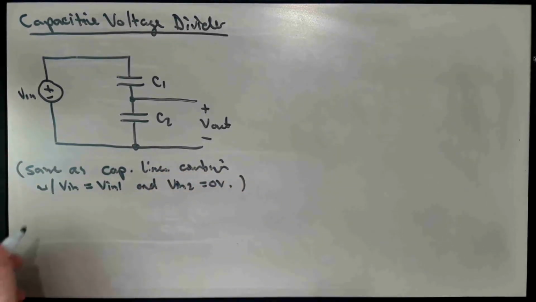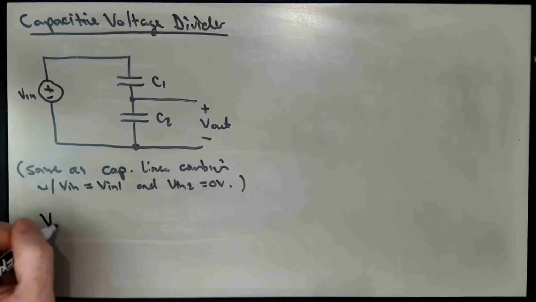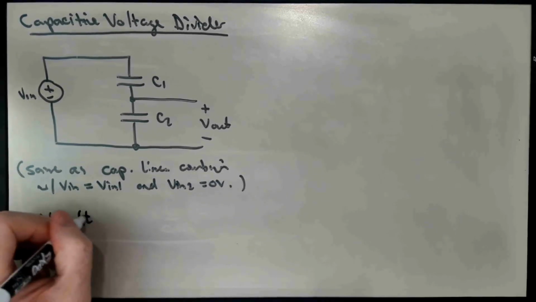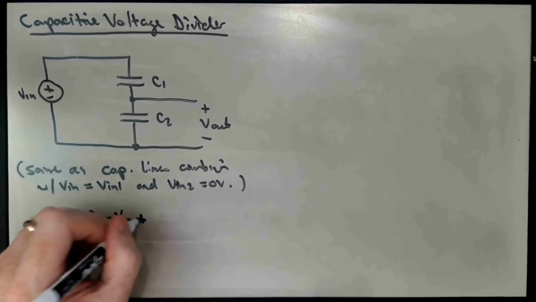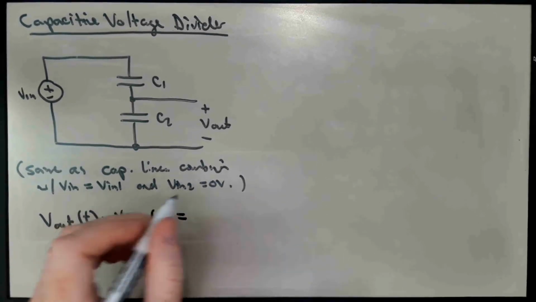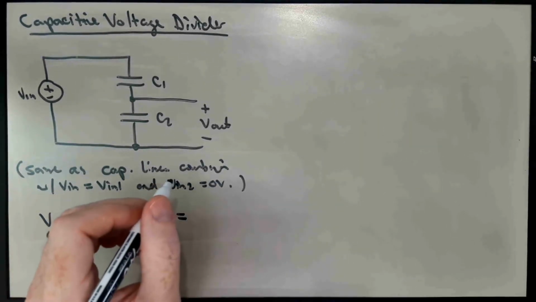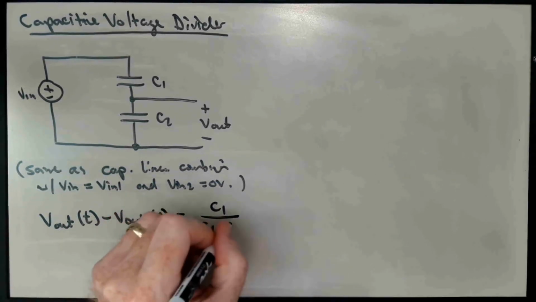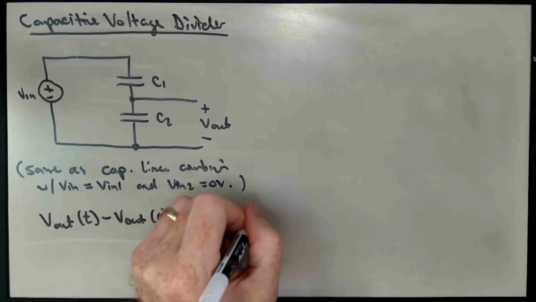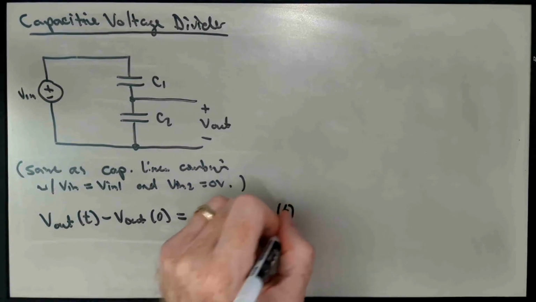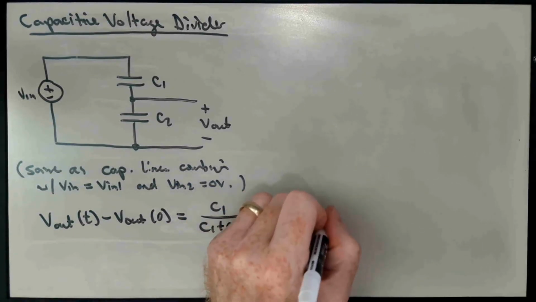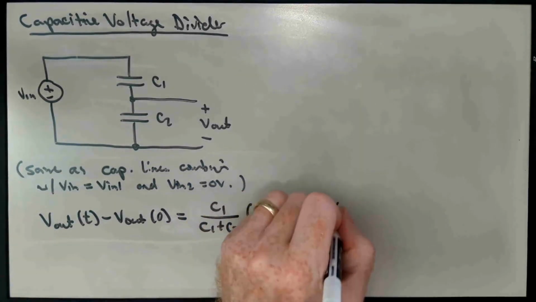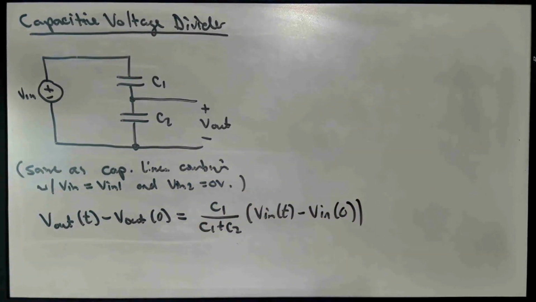And so we can take the result and write that V out of t minus V out of 0 is going to be equal to C1 over C1 plus C2 times Vn of t minus Vn of 0.